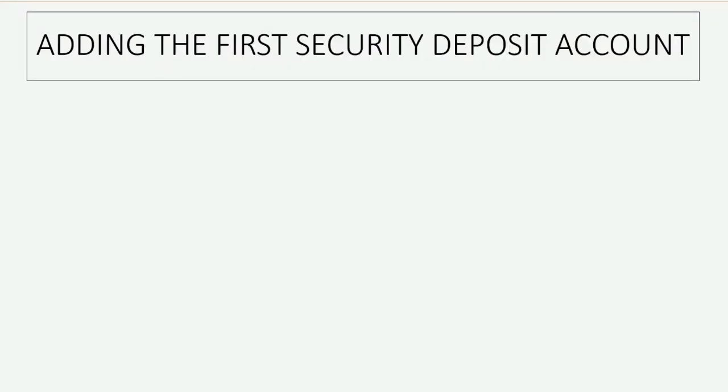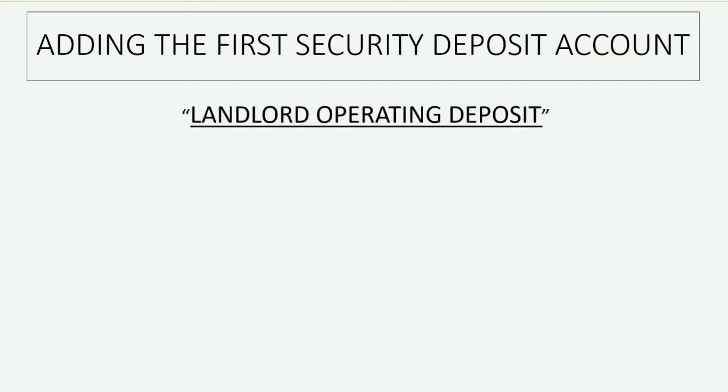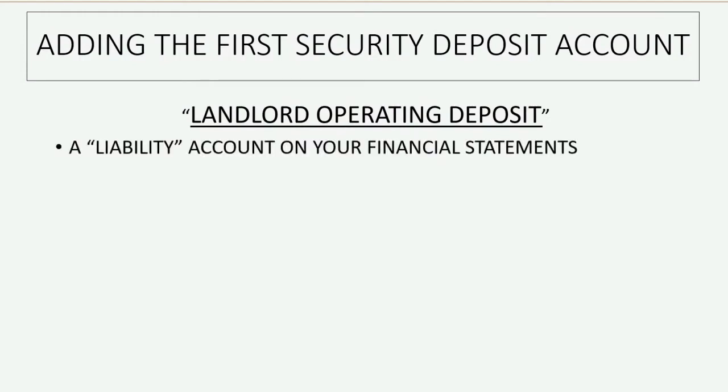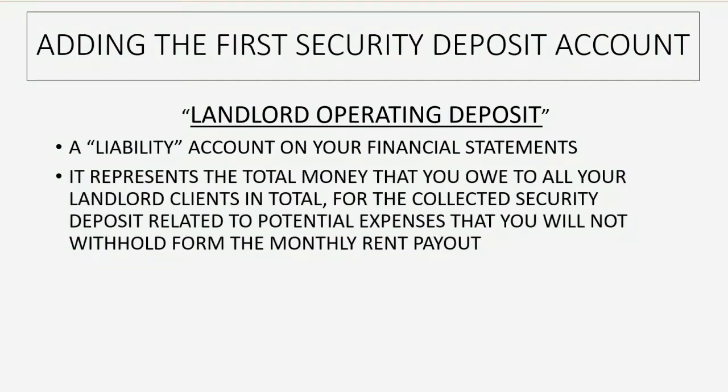So, adding the first security deposit account, let's call it landlord operating deposit. Now let's think about this. It's a liability account on your financial statements. It represents the total money that you owe to all your landlord clients in total for the collected security deposit related to potential expenses that you will not withhold from the monthly rent payout.